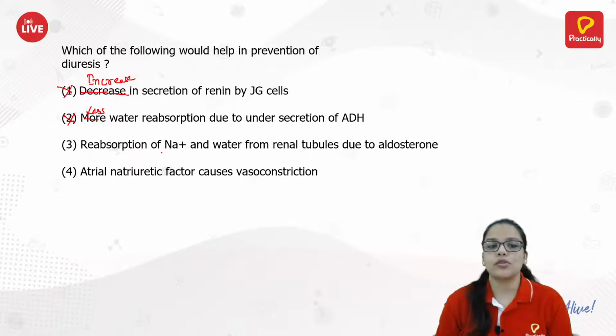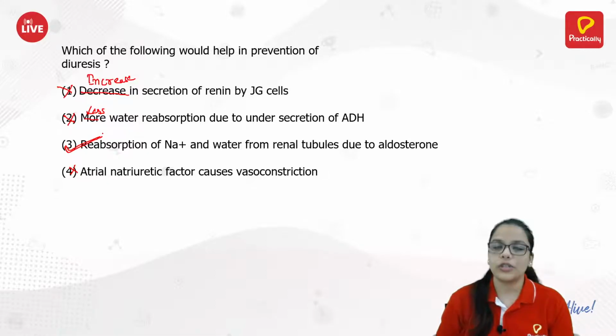But reabsorption of Na plus, or sodium ions, and water from renal tubules due to aldosterone, this is the right answer. Atrial natriuretic factor causes vasoconstriction is also wrong. So the answer is reabsorption of sodium ions and water from renal tubules.